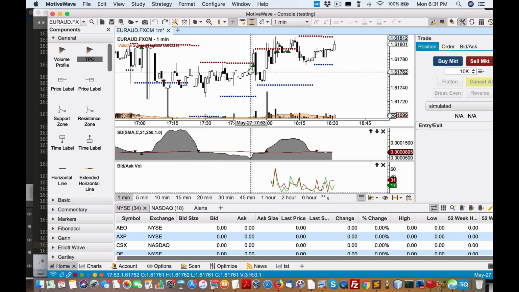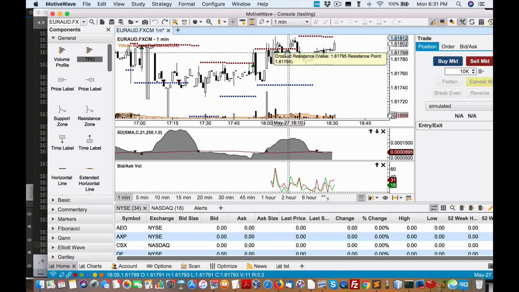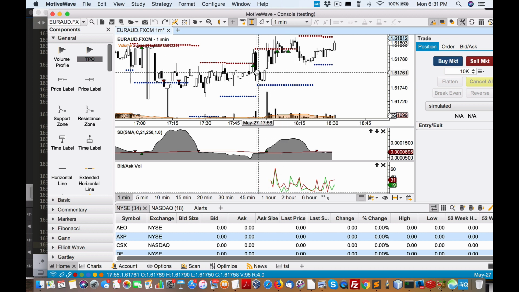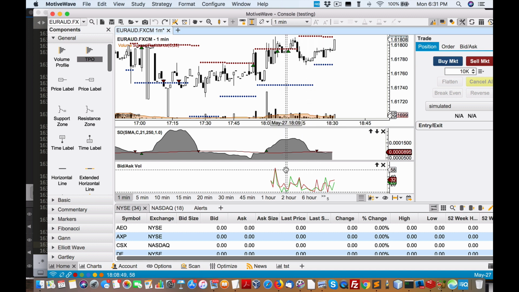Now the question is, if we have, for instance, an entry right here, what do we use to get out of the trade? Because we kind of have one here and here, but unfortunately we don't know what we can use for this entry and what can be driven for the downside. I think the only thing we could use, looking at this, on the bid ask, is right here.